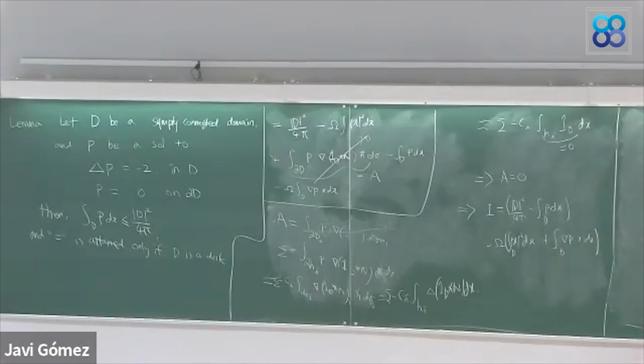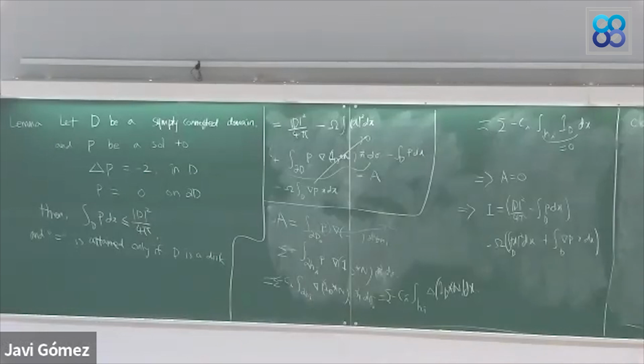I'm going to claim that the integral of negative gradient P dot x dx is always less than or equal to the integral of x squared dx.